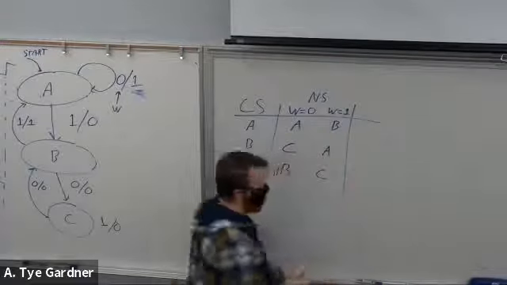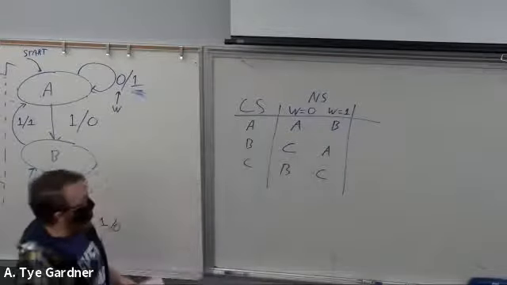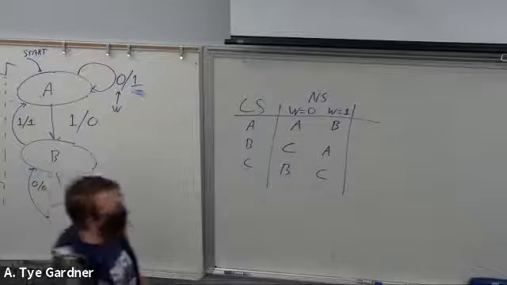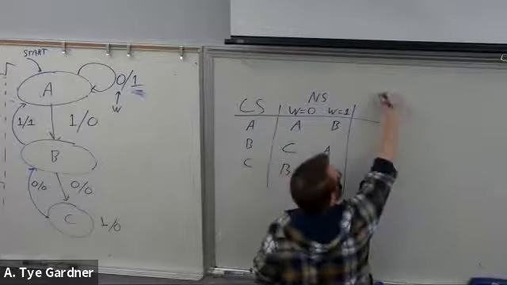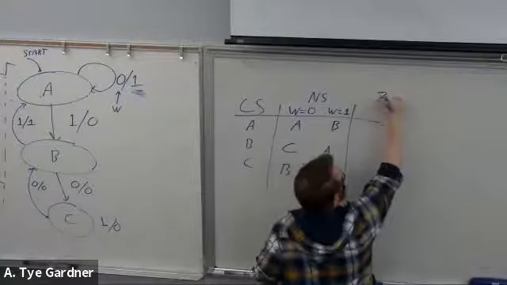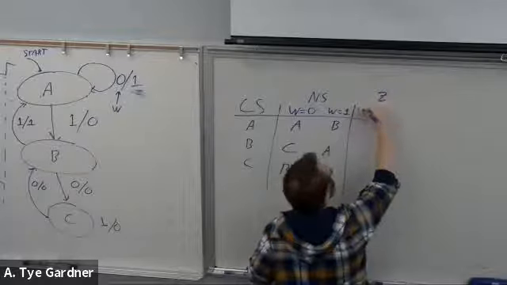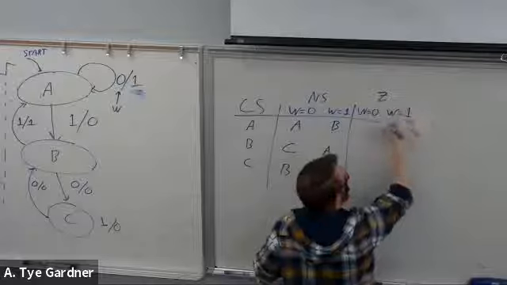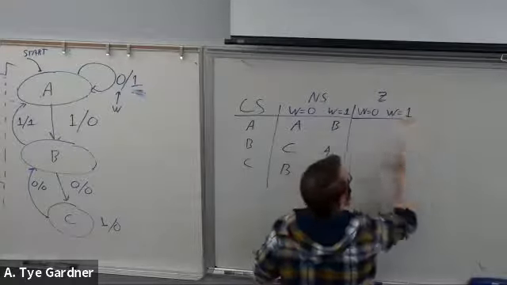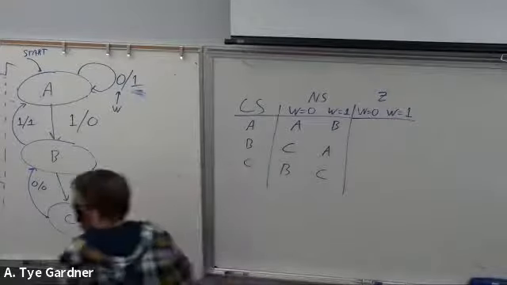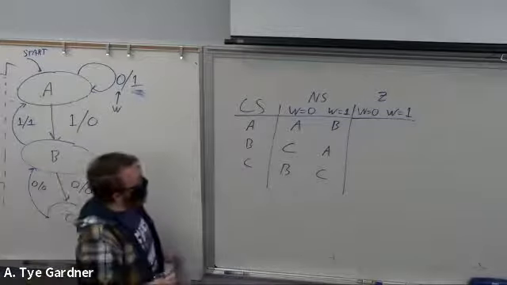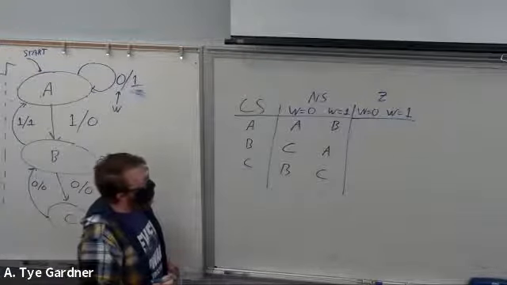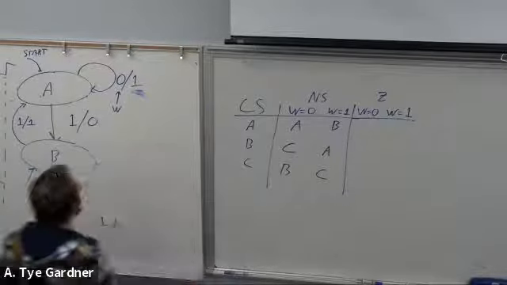Now the next thing in my table is what is the output doing? And I'm going to call the output Z. And again, in this case, the output cares about what the input is. All right, and now we would just go through and fill it.